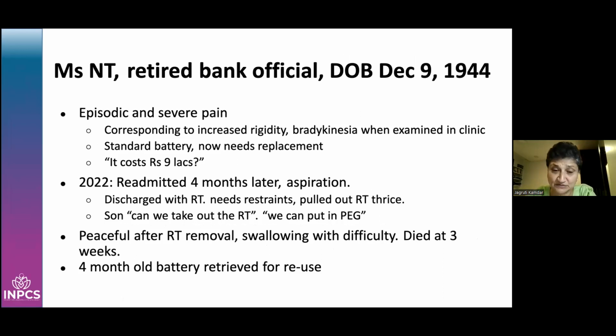But ultimately, they took the decision of not feeding anything through that, and ultimately they removed it, and we managed her with sedation. We gave midazolam subcutaneous, and then her journey ended peacefully, sir.